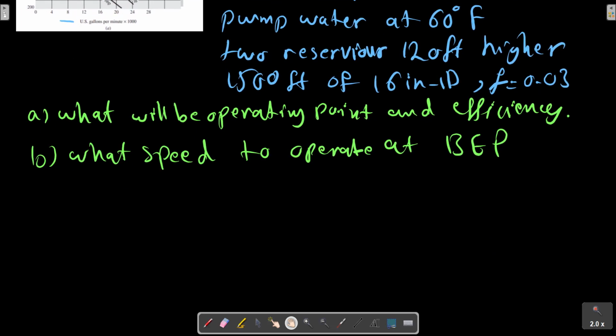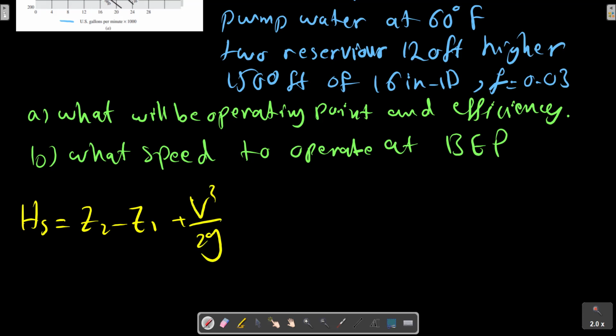At first we can write the head of the system, HS, as Z2 minus Z1 between the reservoirs, and the loss head due to friction, HF.